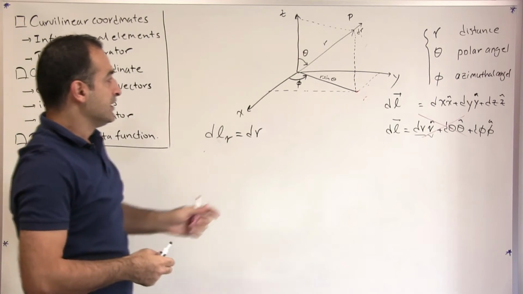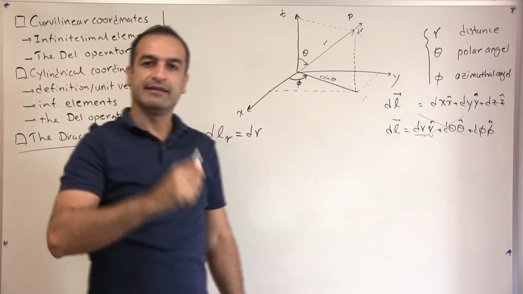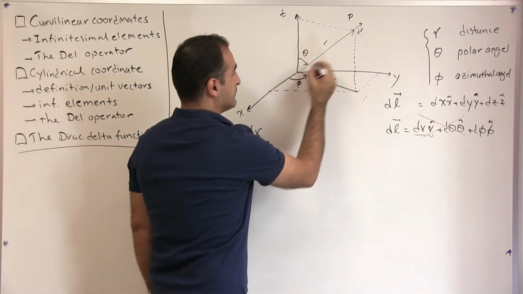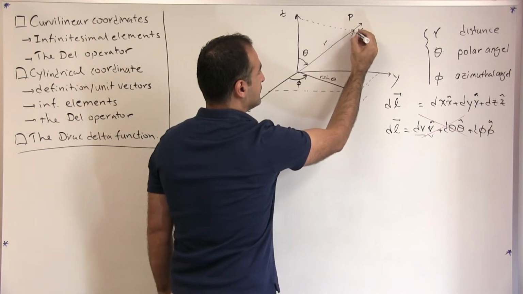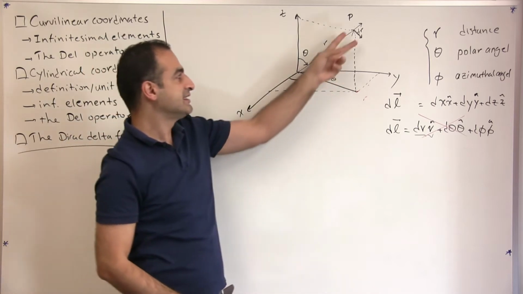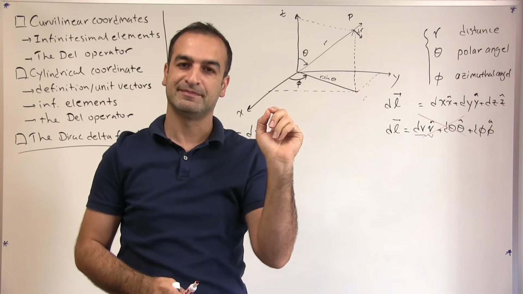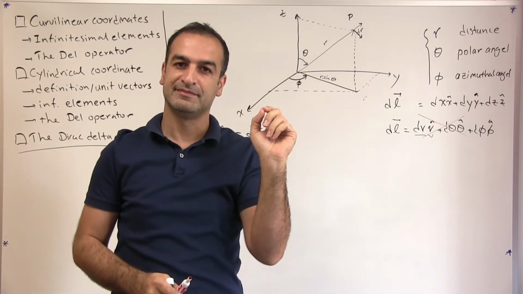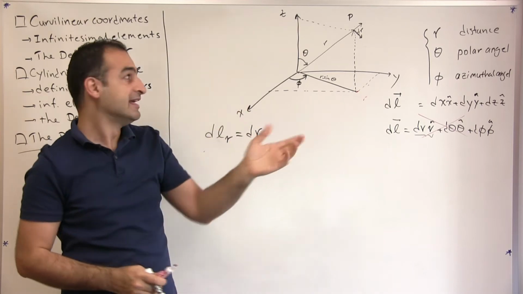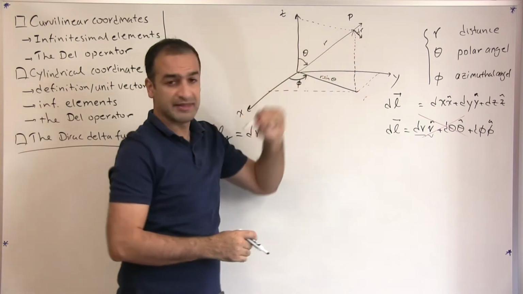Okay. Now imagine you change theta a little bit. So you add d theta to theta. What happens? Theta moves a little bit, and the point P moves down here. How much is this displacement? Is it d theta? It can't be d theta, because d theta is an angle. If r is a huge number, you change the angle by d theta and it's going to be a bigger move.